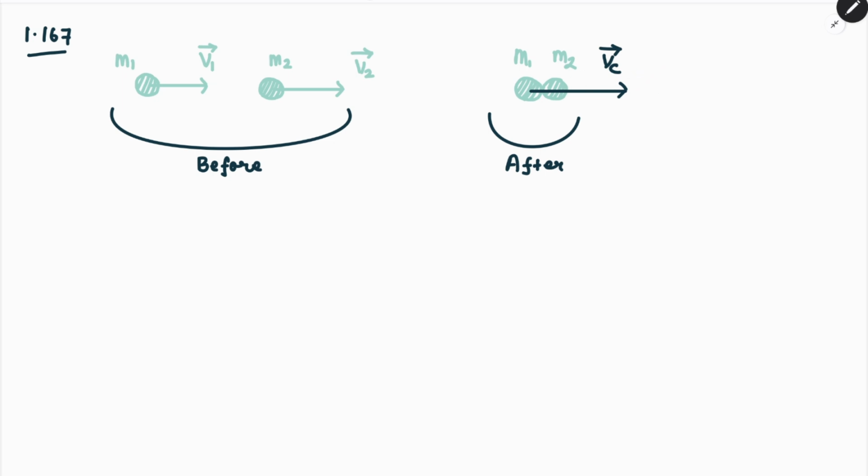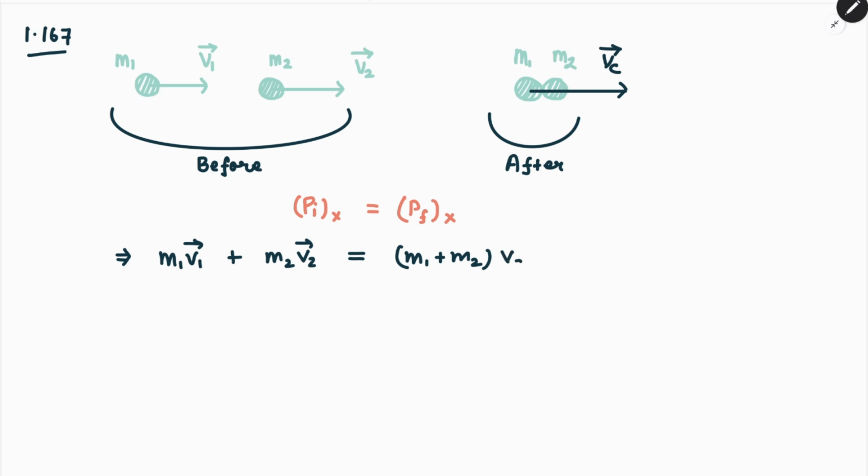So the first thing that strikes us is that we can apply momentum conservation for the given situation. We say initial momentum is equal to final momentum, and hence m1 v1 vector plus m2 v2 vector equals m1 plus m2 times Vc vector.